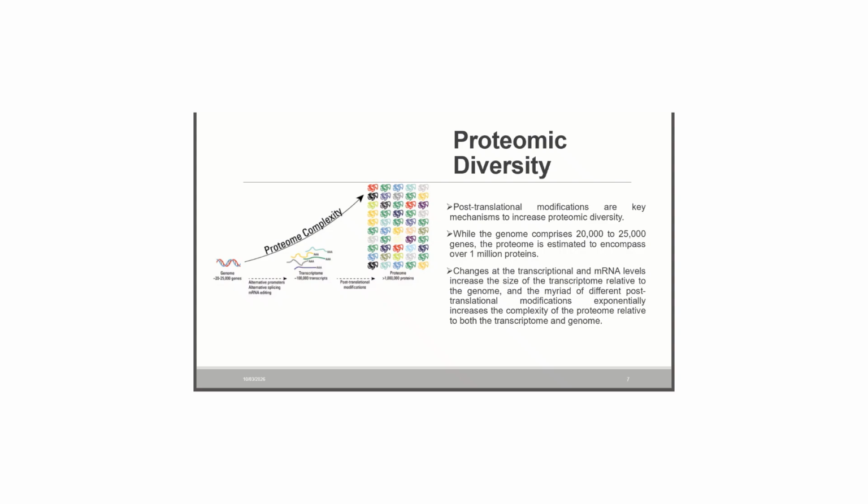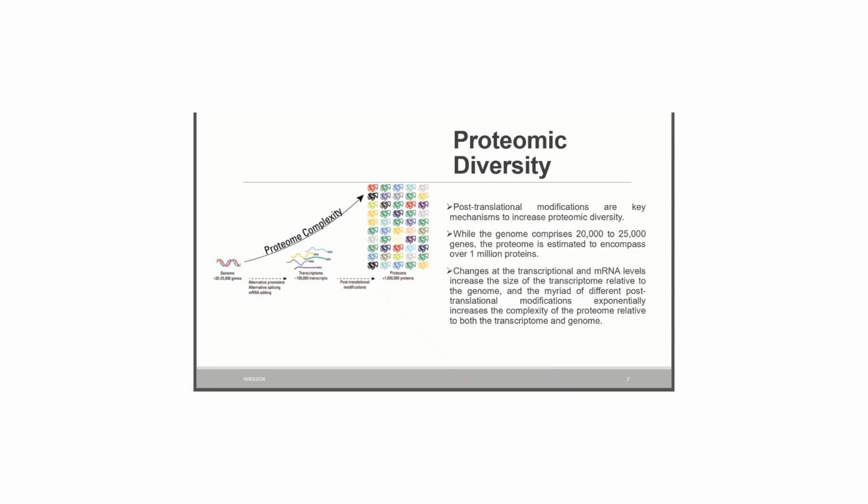As we know, the genome in humans might comprise around 20,000 to 25,000 genes. The proteome is estimated to encompass over 1 million proteins, so the number of functional proteins is not proportionally equivalent to the number of genes.